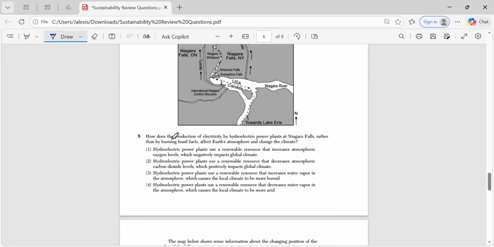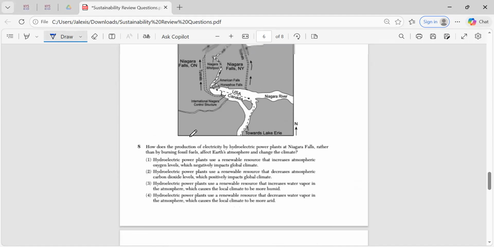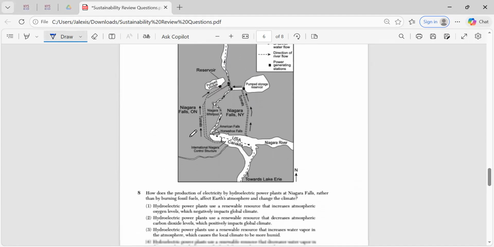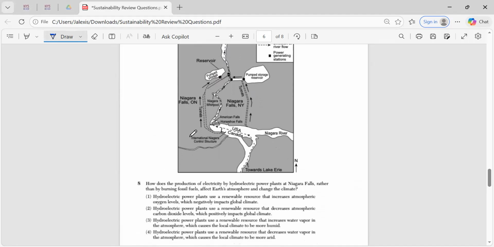Now, I'm going to go back and look at my reading, and here are the two things I'm looking for. How does hydroelectric power affect Earth's atmosphere, and how does it change the climate, rather than burning fossil fuels? Those are the two things I'm looking for when I'm scanning my reading and my diagram.